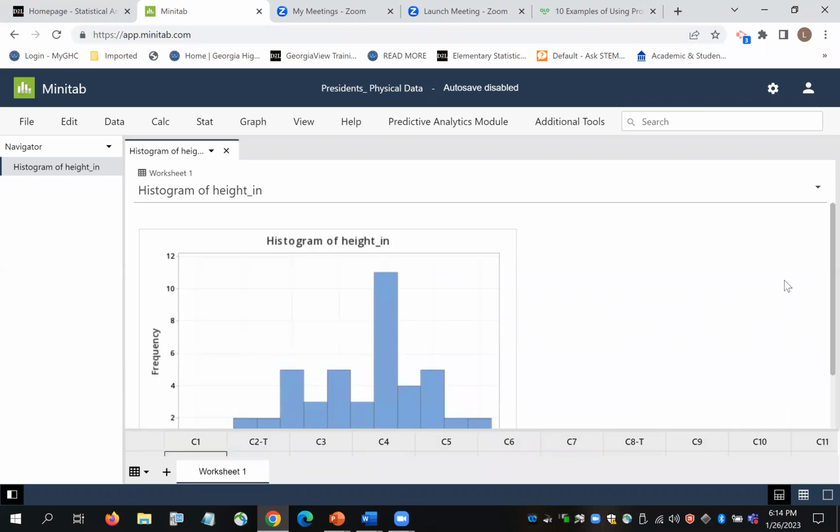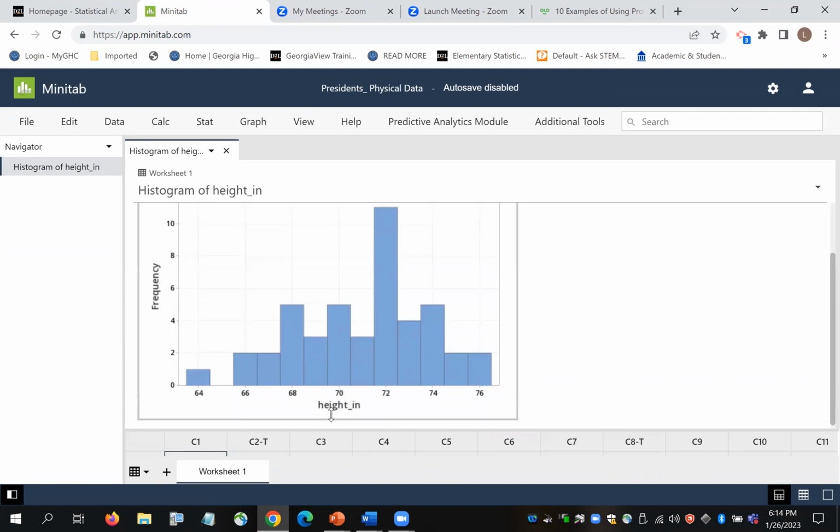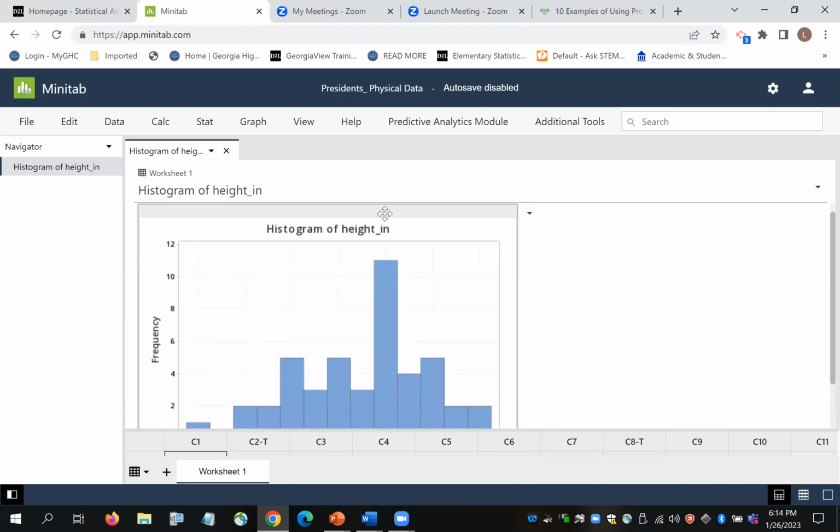And I get this graph. My horizontal axis is labeled with the height in inches. Then we have the frequency on the vertical. The one thing you have to do is update the title. The title should be detailed and descriptive: who, where, what, when.